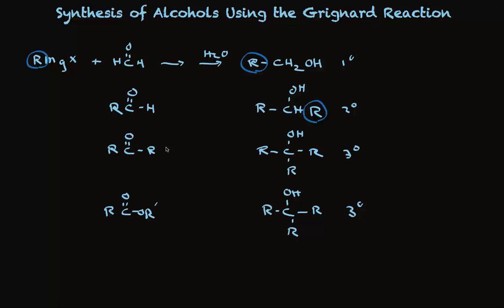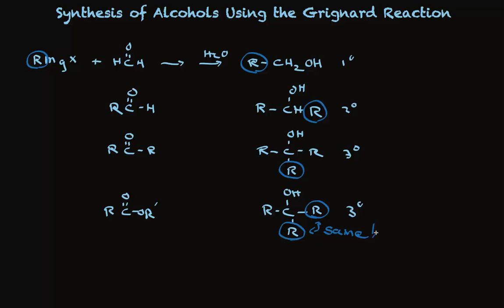In the reaction with ketones, let's say, well, here it is. And in the reaction with esters, let's say, well, here it is twice. So in these other cases, we've added the alkyl group once, and in the case of reaction with esters, this is twice. So these alkyl groups must be the same thing in this tertiary alcohol. So, bottom line, synthesis of alcohols using the Grignard reaction. We can make primary alcohols, secondary alcohols, tertiary alcohols, and you can make tertiary alcohols where two of the alkyl groups are the same thing.